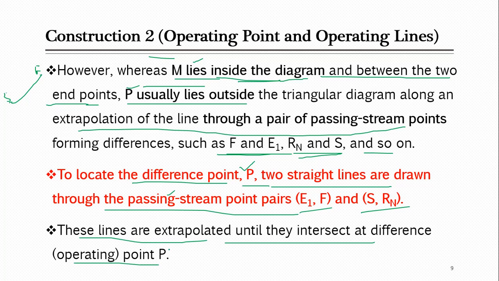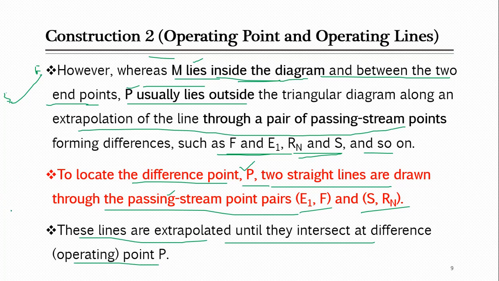In order to locate P, you should have at least two pairs of these points, and those pairs can be easily obtained if you apply the balance on the whole system. You remember that when we did construction one, you located all these on your diagram.